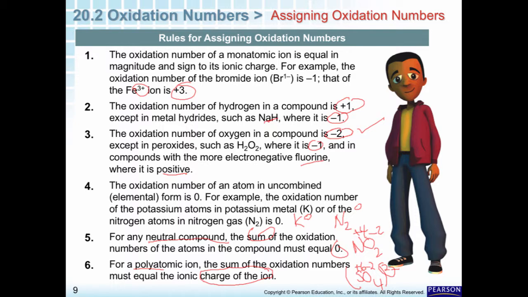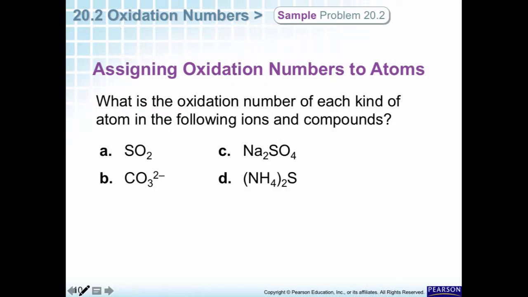Okay, that's it. All right, so let's look at this, and we'll work through this together, and then I'll ask you to pause it and do a couple of those. So these are all possibilities.